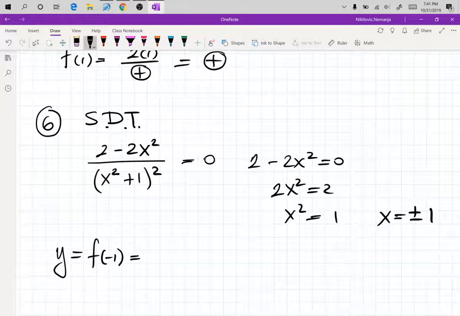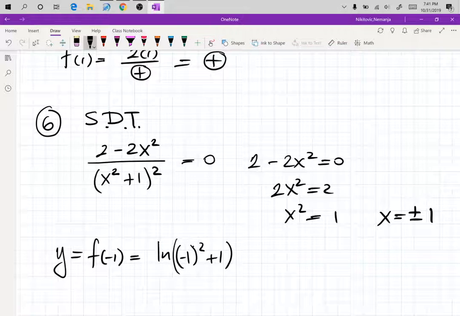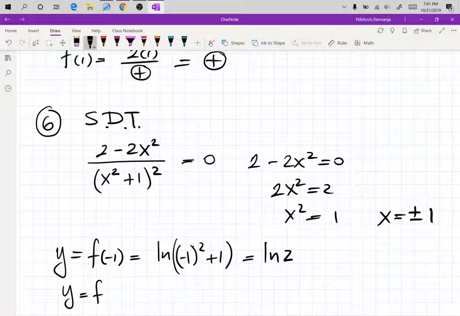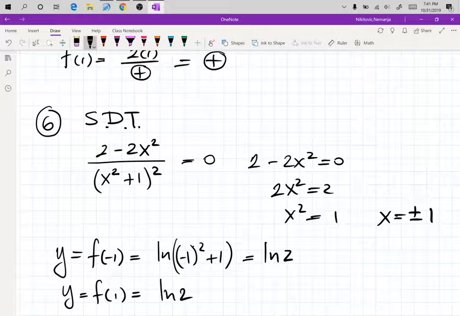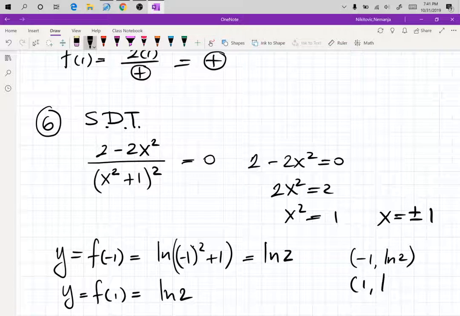So I have ln of negative 1 squared plus 1, which is ln of 2, and y equals f of 1, which is also ln 2. So negative 1, ln 2, positive 1, ln 2.